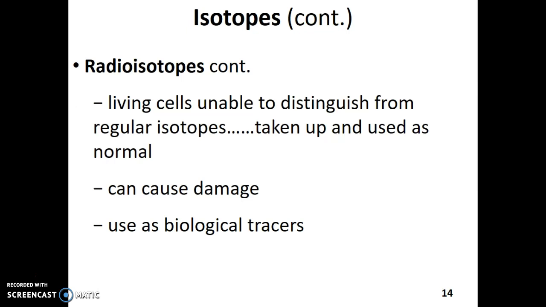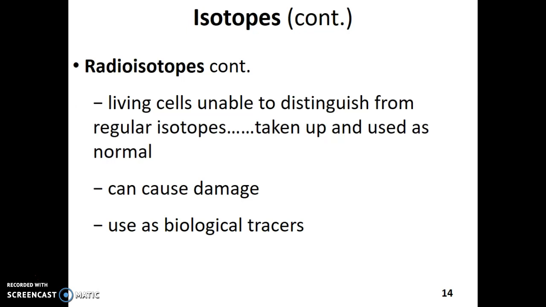All atoms have some radioisotope associated with them, and our cells are going to take up regular or radioactive isotopes because we can't distinguish between different types of atoms. And radioisotopes can be potentially dangerous. One thing that I can say, though, is that we all have a small amount of radiation being given off at any given time. We're all a little radioactive.